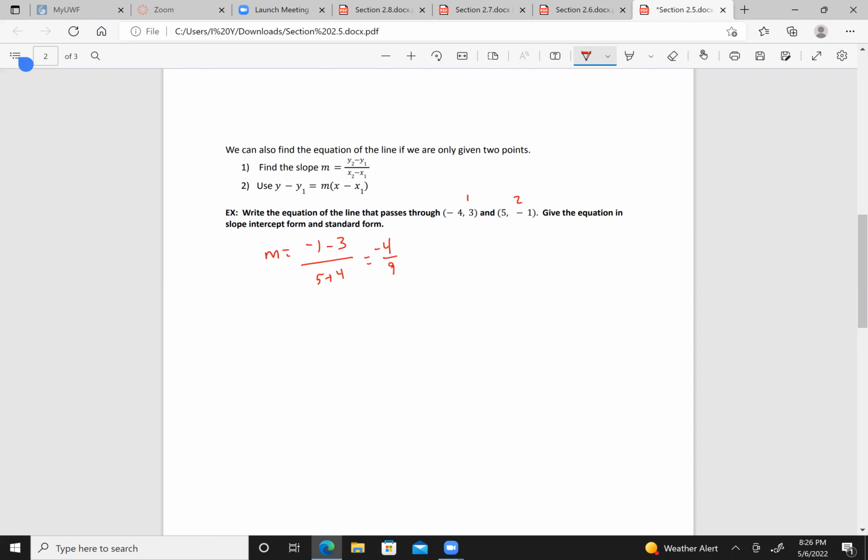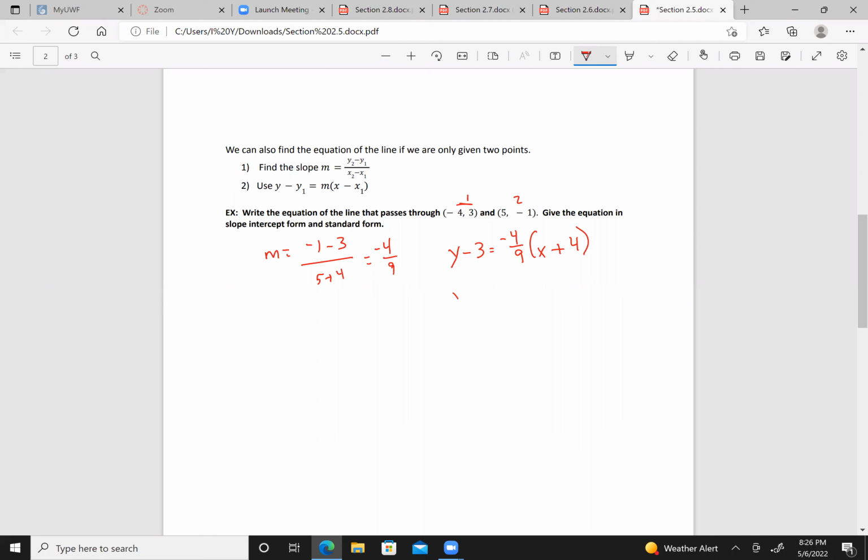So now I have y minus, and I could use either of these points. I'm going to go with point 1 here. So y minus 3 equals -4/9 times (x minus -4).